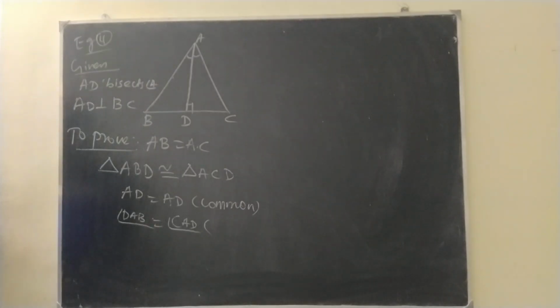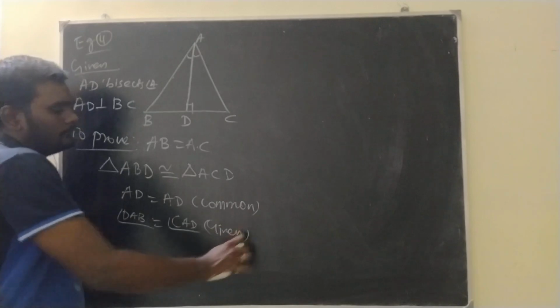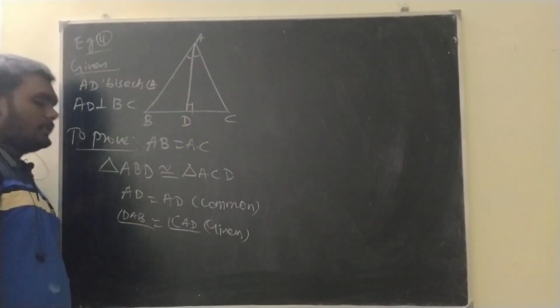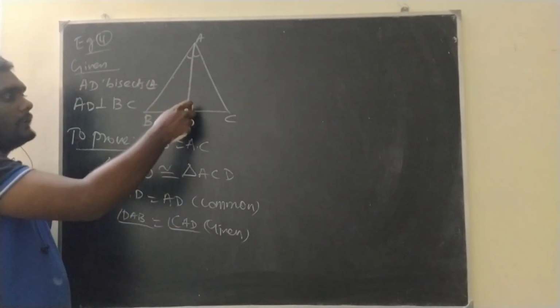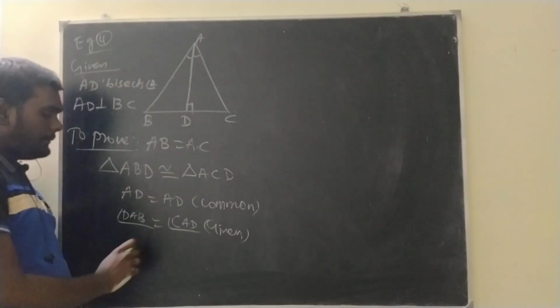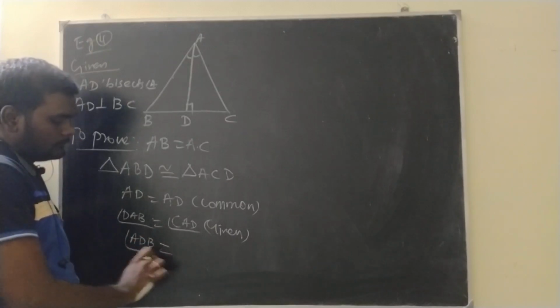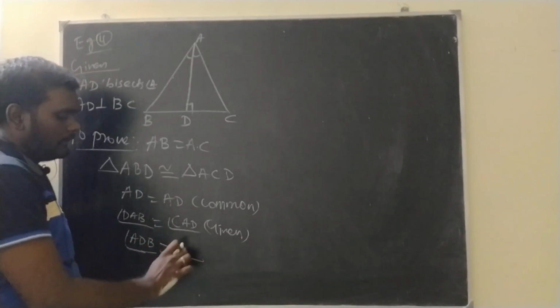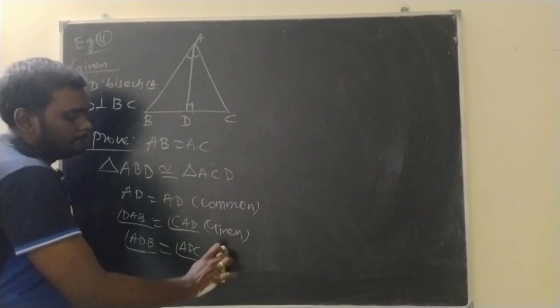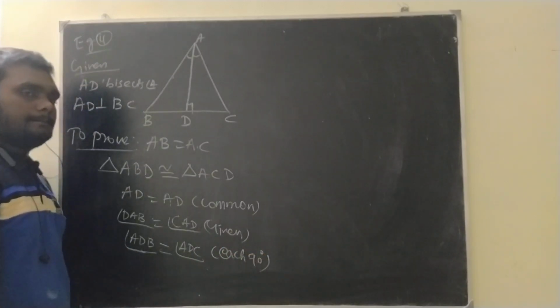How can we write the other one? From the given, because this is perpendicular, we can say angle ADB equals angle ADC, each 90 degrees.